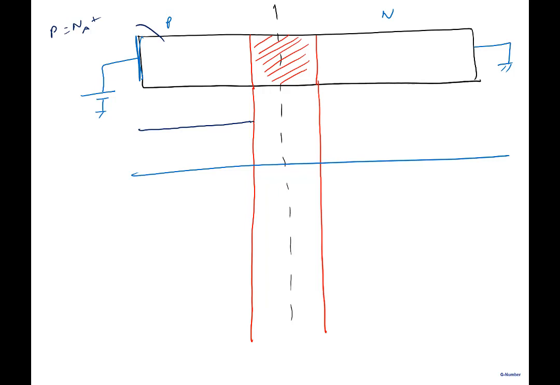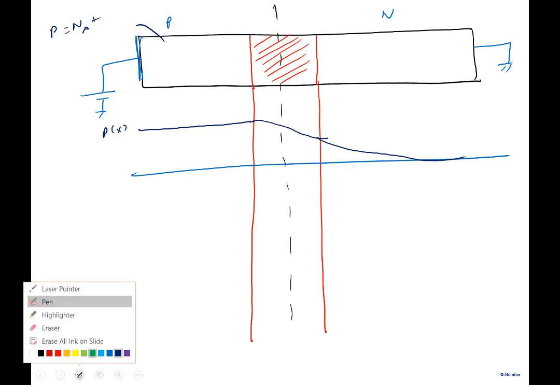Then you reach this region. Then what happens? Hole density, we are plotting Px, starts to decrease. Comes here, and then starts to decrease and goes like this. Electron density also you plot. Same thing.